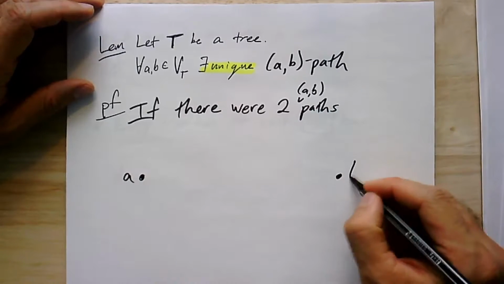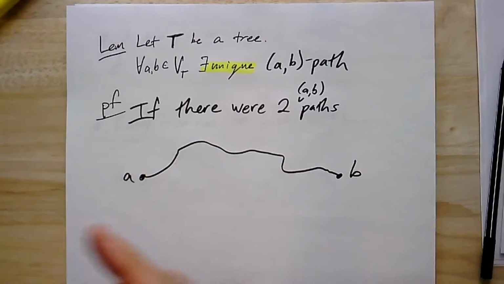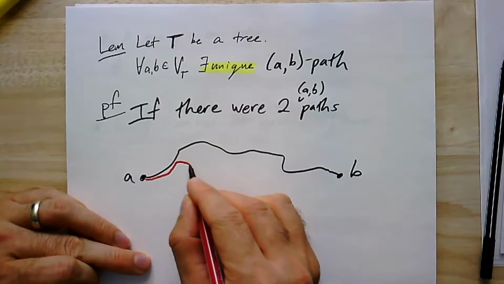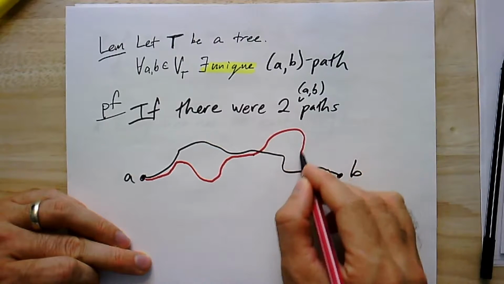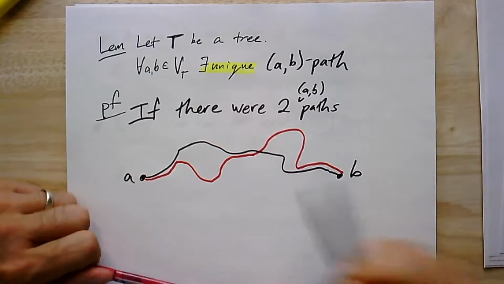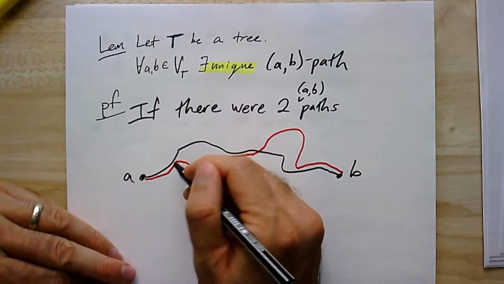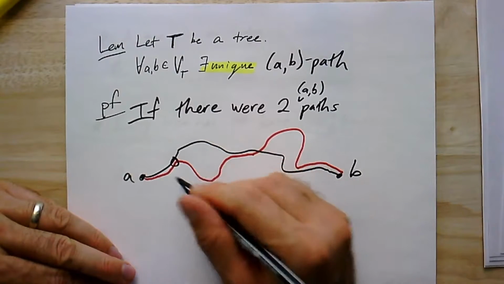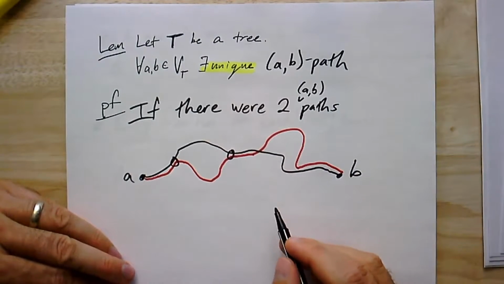So here's A, here's B. So there's some path here, and there's some other path that maybe goes along the same way, but has to be distinct, right? And then maybe it comes back. It can go off again and come back. Then there's going to be some first vertex where they differ. And then there's going to be some first vertex where they meet again after they've separated.